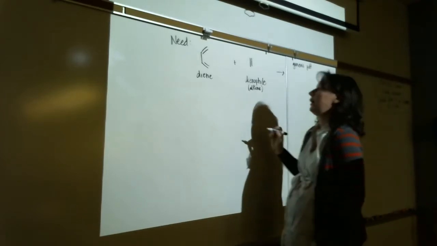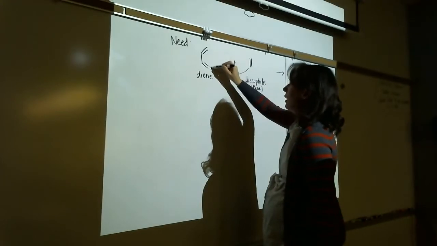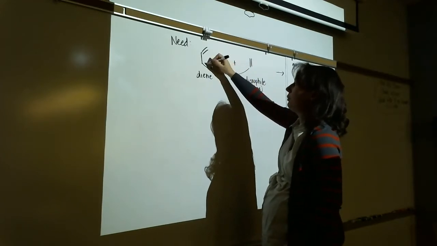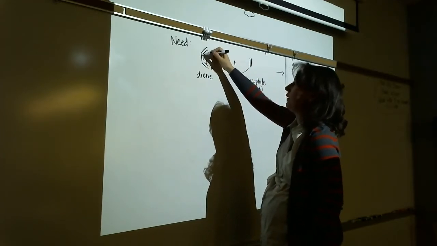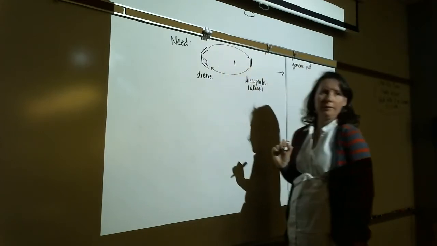Basically what happens is a double bond is going to form here, a single bond is going to form between here and here, this double bond is going to get pushed to between here and here, and then a bond is going to form between here and here.